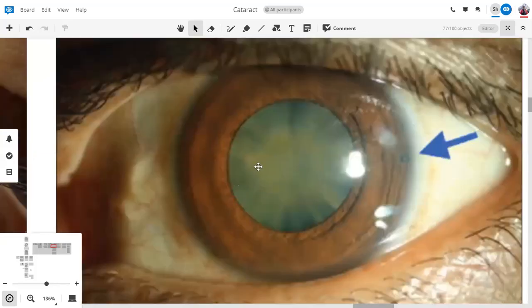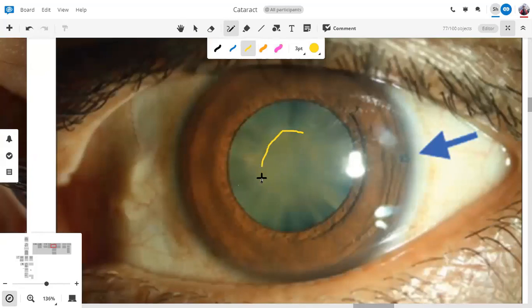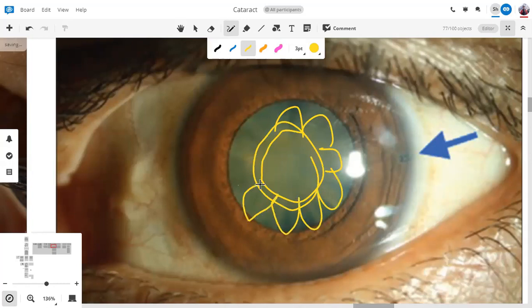This picture is a little vague, but generally they term sunflower cataracts which have a central opacity and then there's radiation of opacities from it. This is a sunflower cataract. What is your diagnosis?